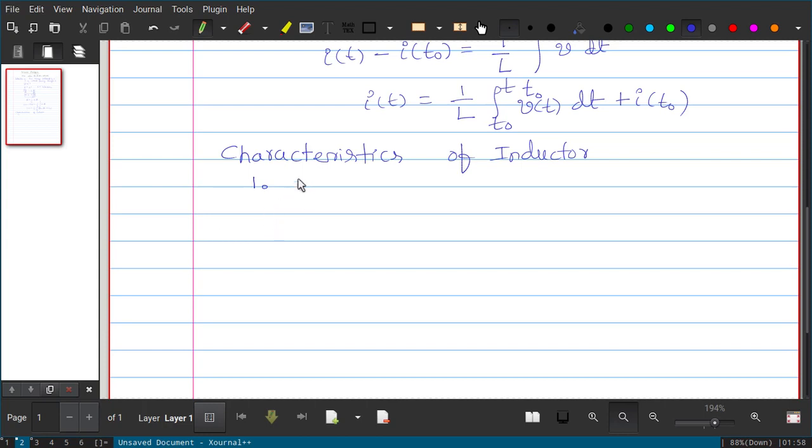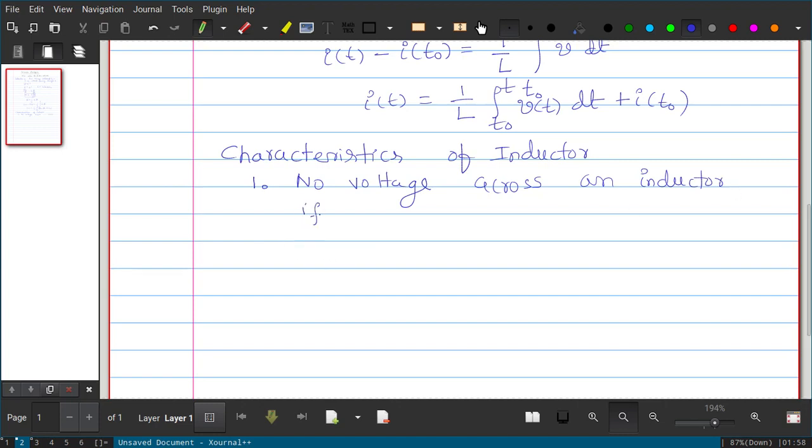So we can write that no voltage is produced across an inductor if the current through it is not changing with time.